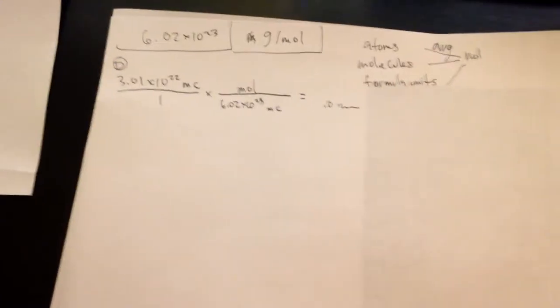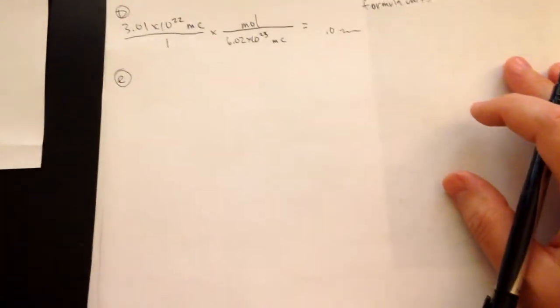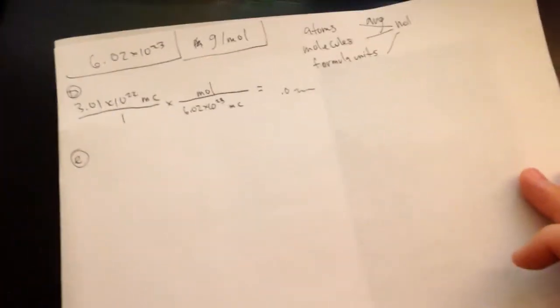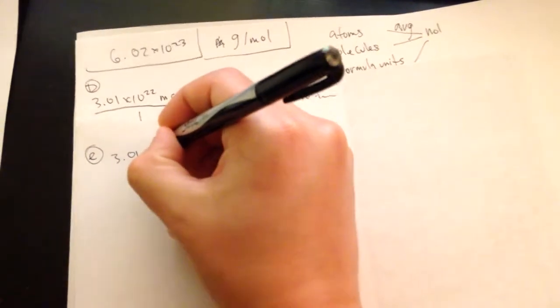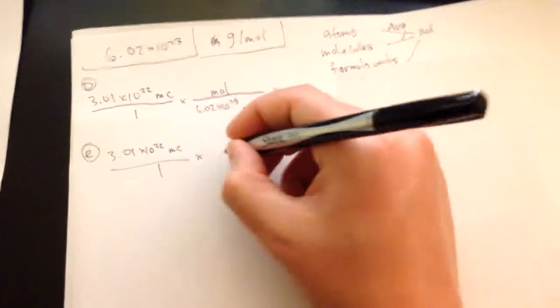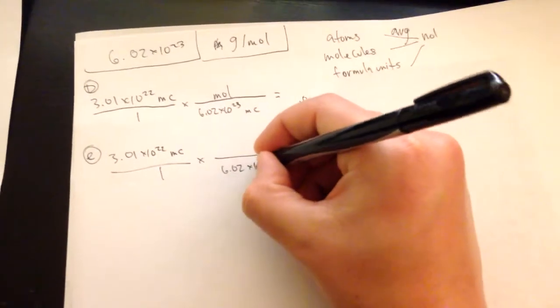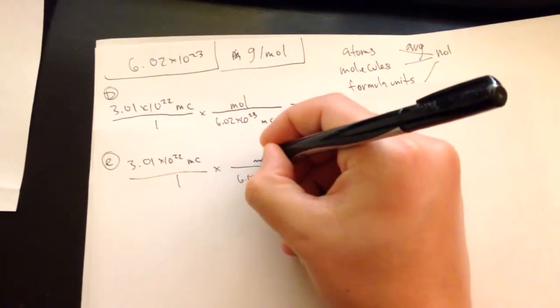But yeah, that's pretty much all you're doing. E is what is the mass of 3.01 times 10 to the 22 molecules of TNT. So it's the same problem, you're just going one step further. You start with 3.01 times 10 to the 22 molecules of TNT, and then you turn that into moles using Avogadro's, 6.02 times 10 to the 23 molecules per mole.